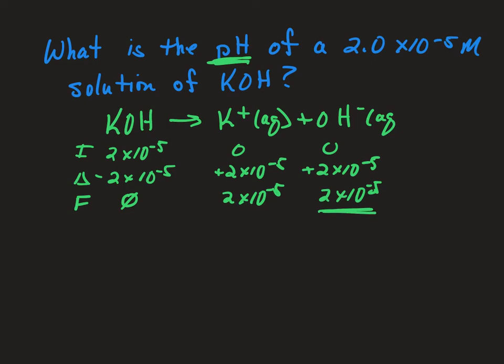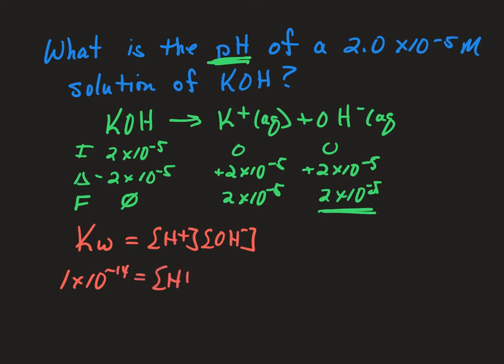And so we have to go through our Kw and our equilibrium, right? So our Kw is equal to the concentration of hydrogen ions times the concentration of hydroxide ions. And so 1 times 10 to the minus 14, if we're working at 25 degrees Celsius, is equal to the concentration of hydrogen ions times our 2 times 10 to the minus 5.